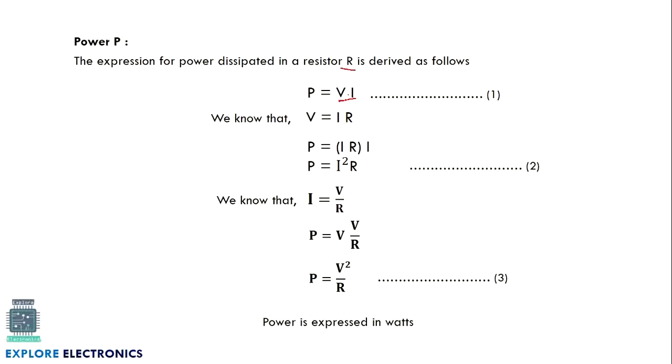We know that V is equal to I into R. If we replace that V by I into R, it becomes P is equal to I square R. This is another expression for power dissipation. And we can write I as V divided by R. If we replace this I by V by R, it becomes P is equal to V square divided by R. This is another expression for power, and power is always expressed in watts.